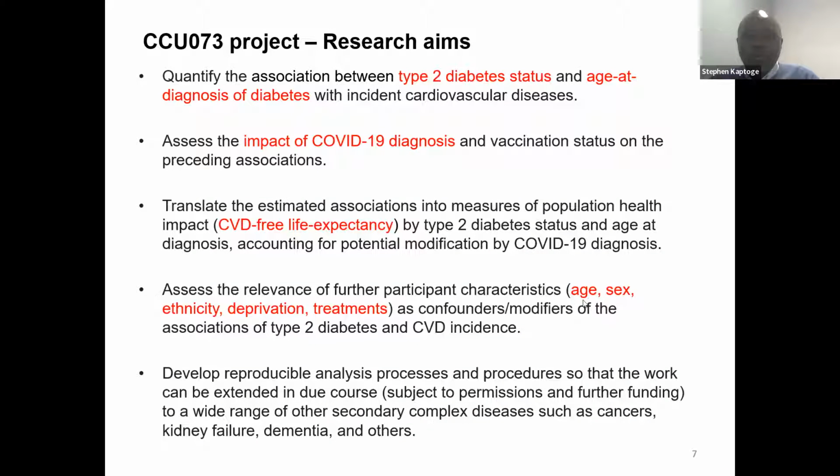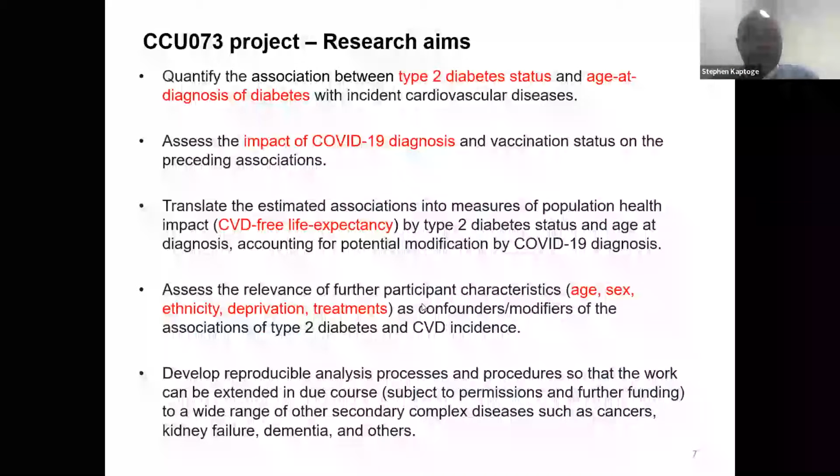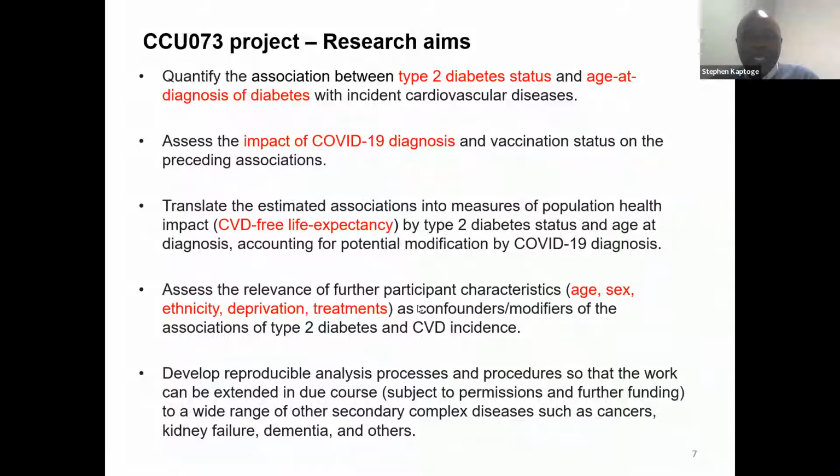We will also look at other risk factors, say ethnicity and deprivation, because we know there have been differential impacts, and the prevalence of diabetes and age of diagnosis may also vary according to these conditions. So we would want to do subgroup analysis according to these characteristics.